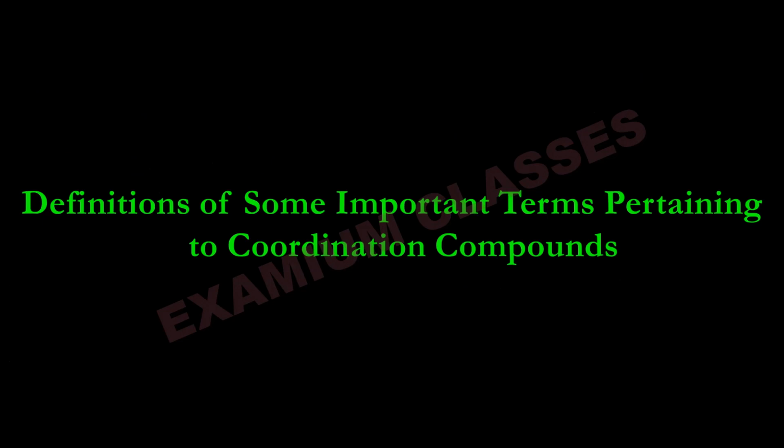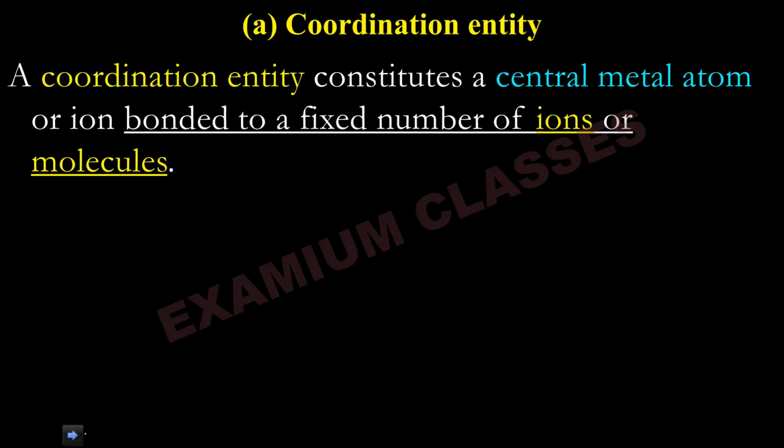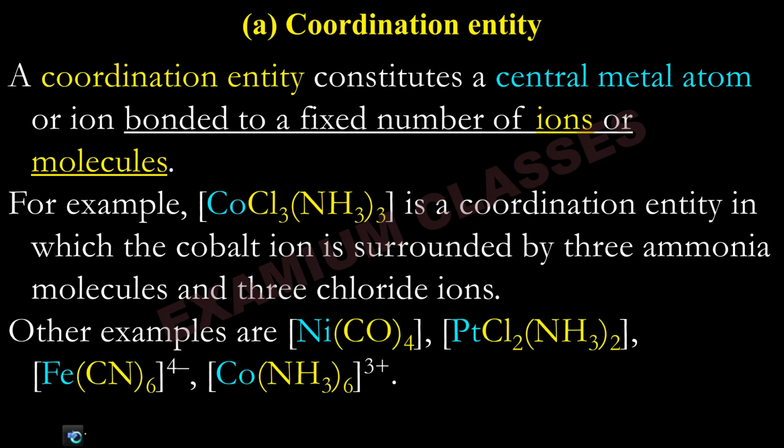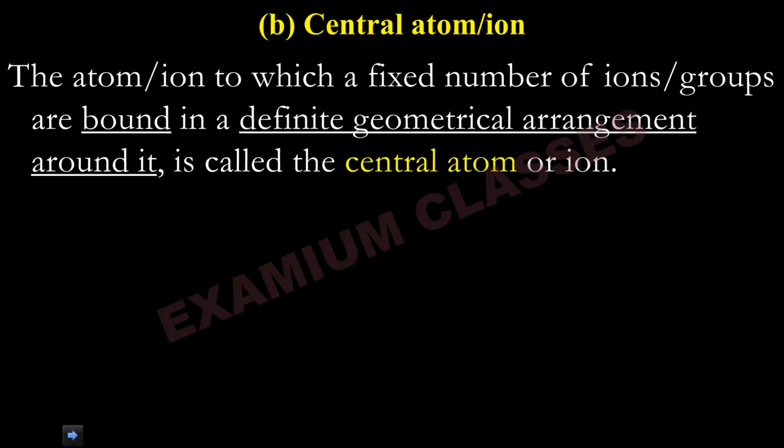Then definitions of some important terms which I have been using. I have already used these terms, so I'm just going through them very quickly. A coordination entity means whatever is inside the square brackets. That is also said as coordination sphere or coordination polyhedron, depending on what I am talking about. Coordination polyhedron only if I am talking about the structure. The central atom or ion inside the polyhedron is the central metal atom.